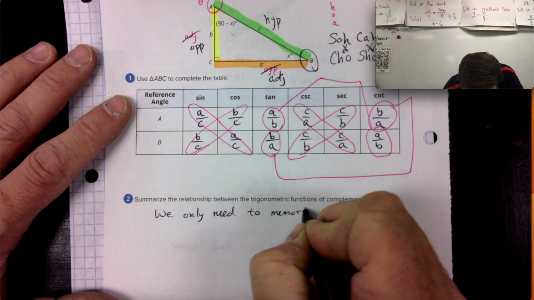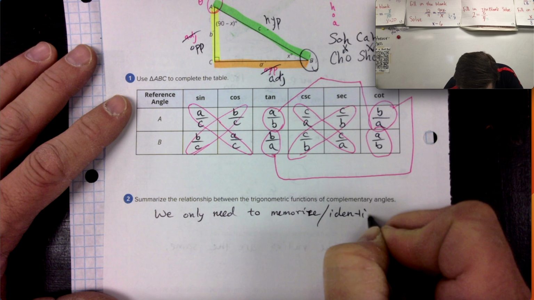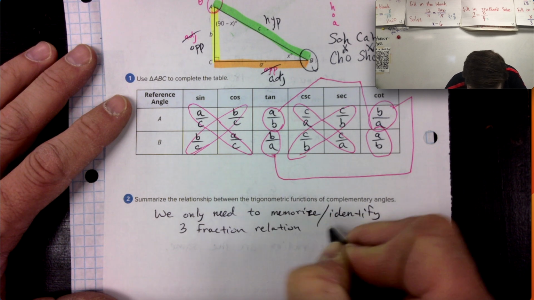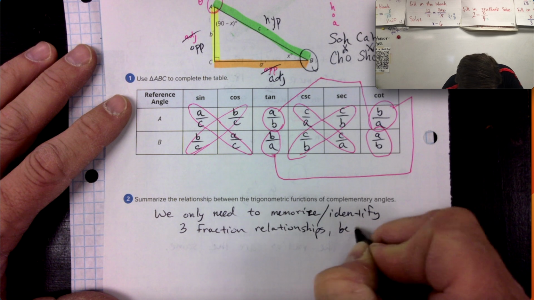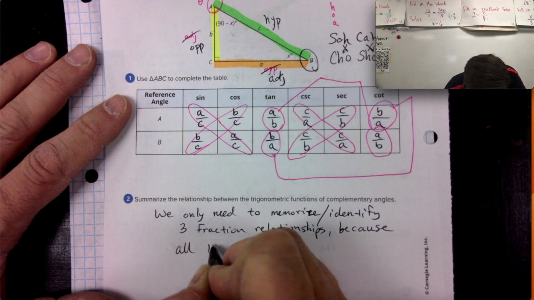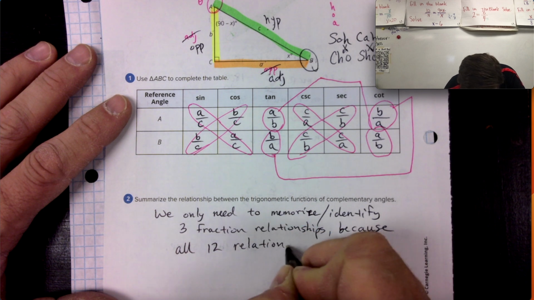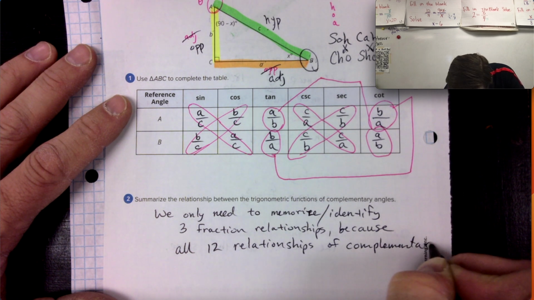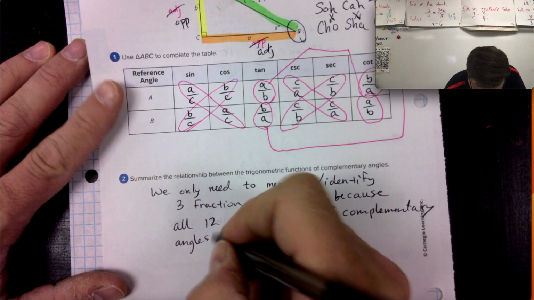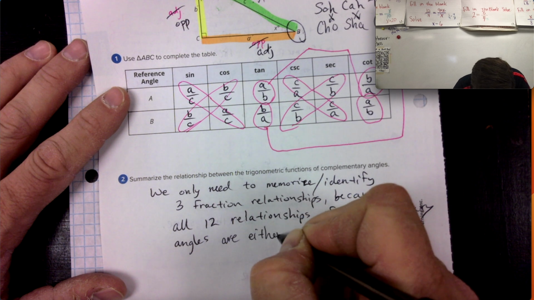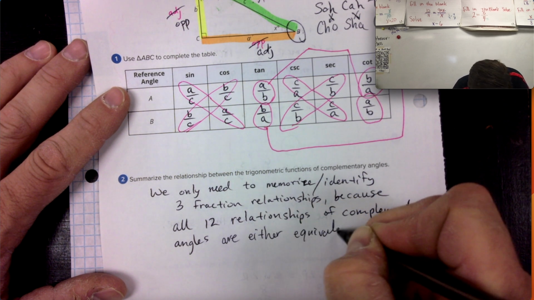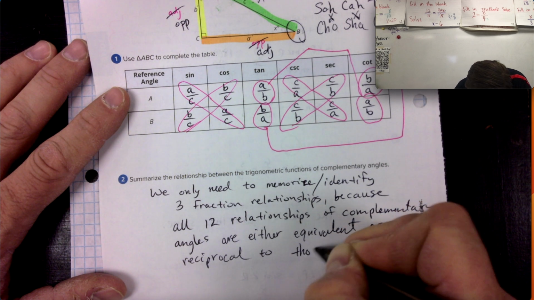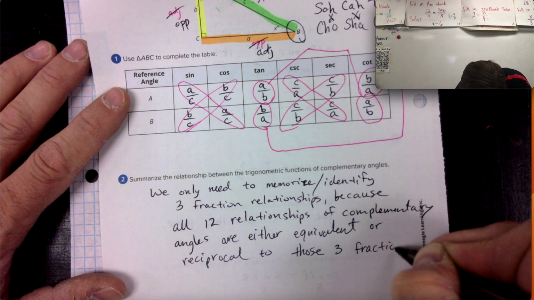To memorize or identify 3 fraction relationships, because all 12 relationships of complementary angles are either equivalent or reciprocal to those 3 fractions.